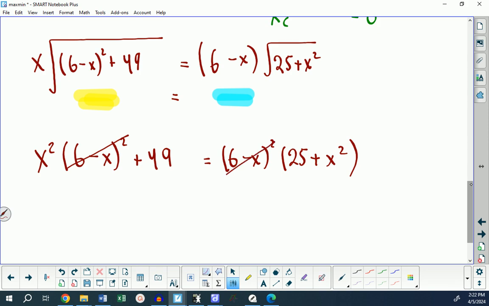Why not? I notice I'm going to get an x to the 4 over here as well, so I know it's not going to be a degree 4 polynomial.